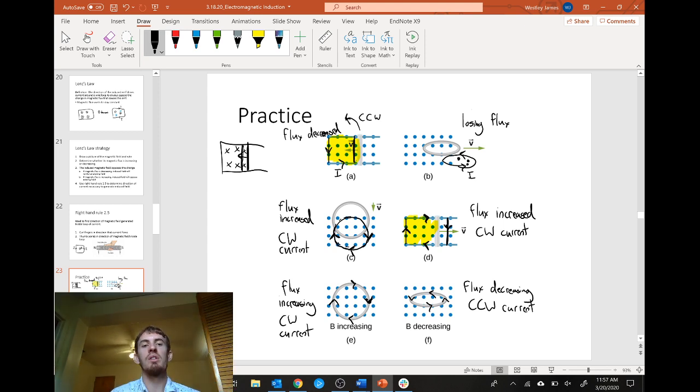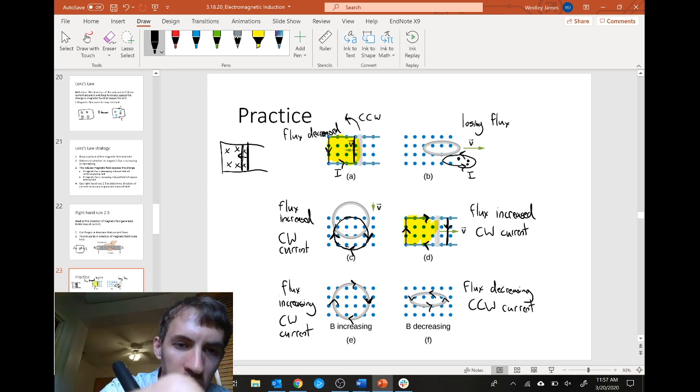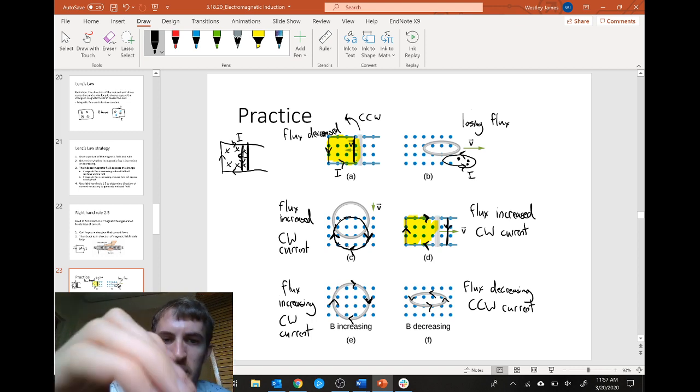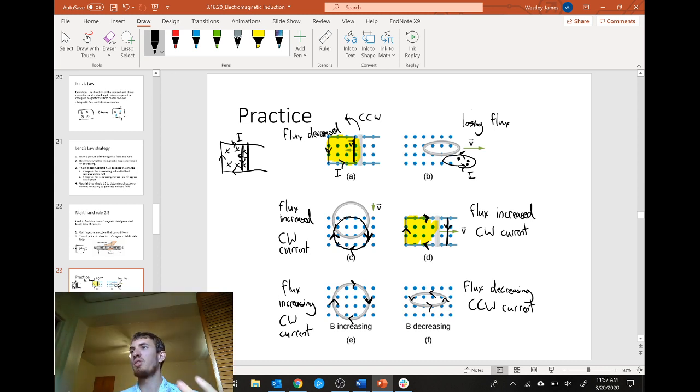And look, I have lost field lines going into the board. So I need to make more field lines going into the board. I need to keep that flux the same. How do I make more? I make a current. So I'm like, I need more this way. I need more into the board. So I will make a field going into it. And oh, look, I get a clockwise current.